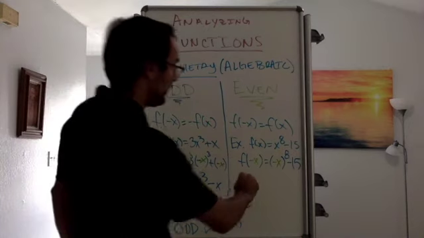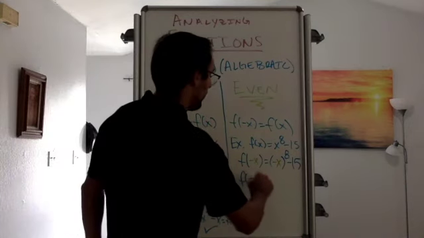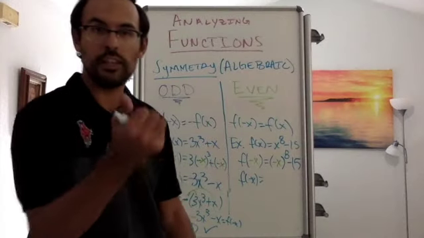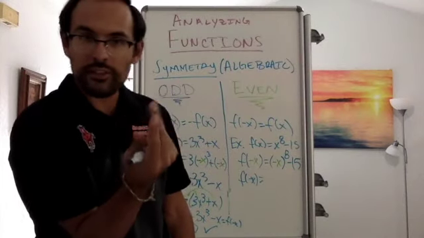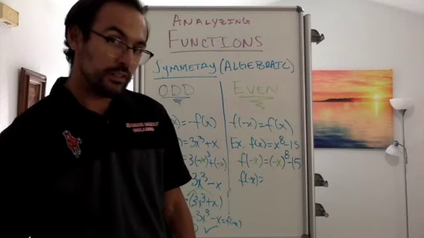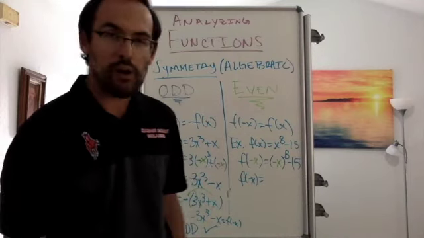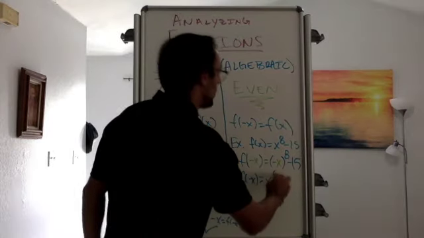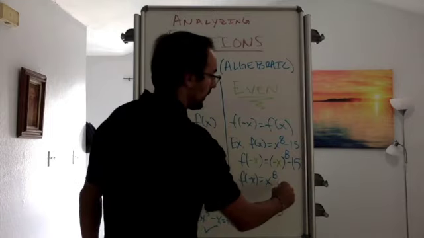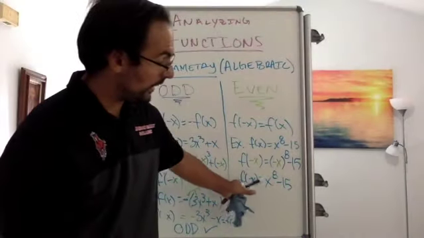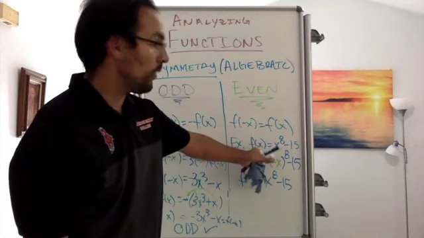So all I've got to do now is simplify. F of negative x becomes, what happens if I take negative x to the power of 8? I can keep multiplying negative x times itself 8 times, or I can realize it's an even power, so it's going to come out positive, because a negative times a negative is a positive. So this should be a positive x to the 8th, and nothing is happening with this minus 15, it is staying the same. So the question is, is f of negative x equal to what I was given?